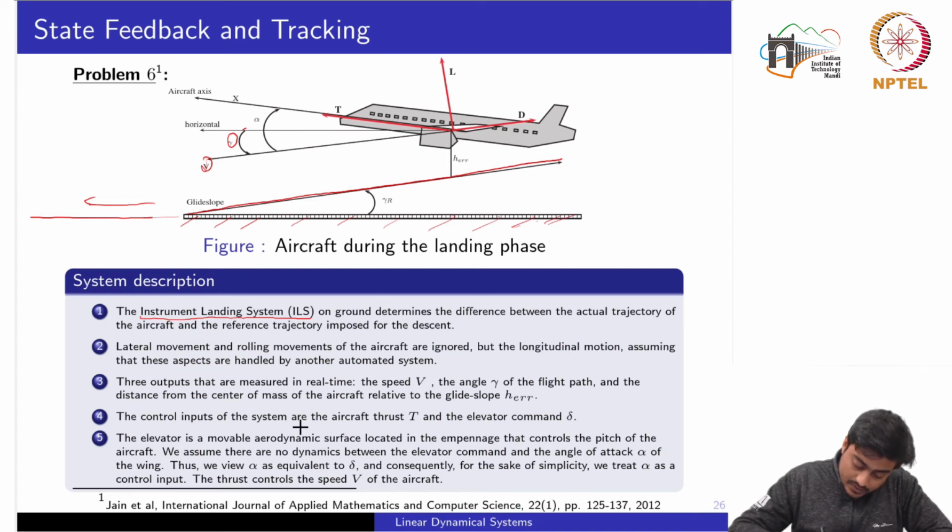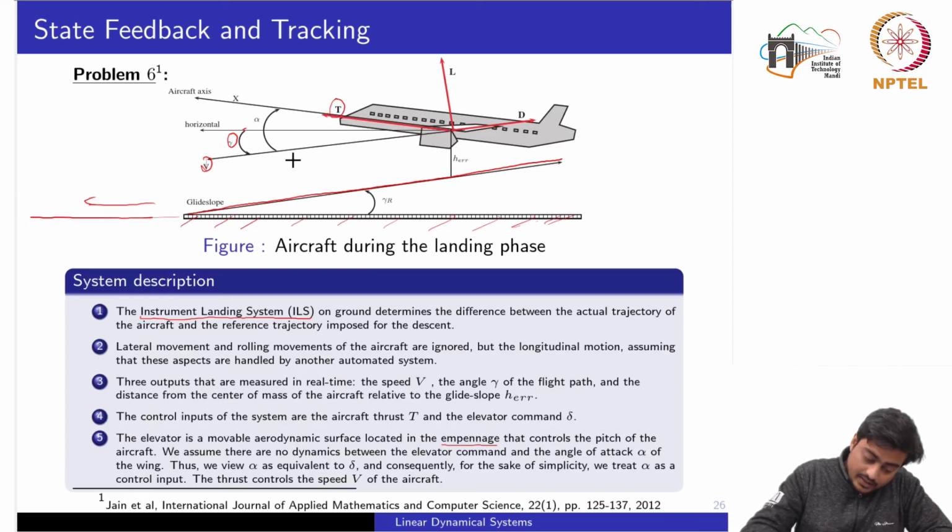Now the control inputs of the system are the aircraft thrust applied along the aircraft axis, defined by the variable t, and the elevator command delta. If you have some information about the aircraft, these elevators are located at the backside, on the wings, which we also call the empennage, and they control the pitch of the aircraft. Here we have assumed that there are no dynamics between the elevator command and the angle of attack alpha.